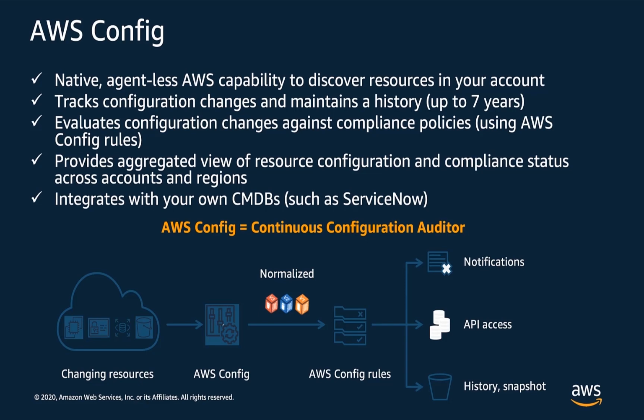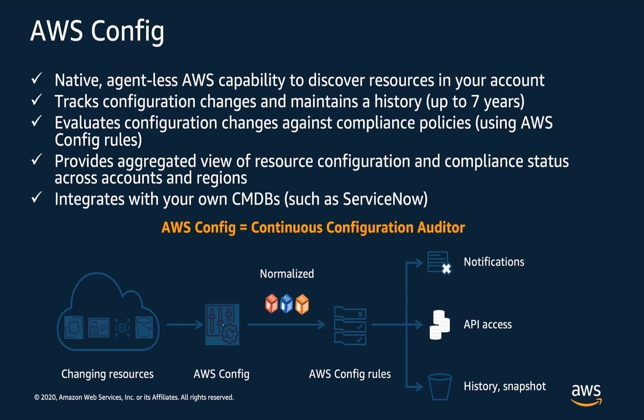So from an inventory management perspective, AWS Config discovers resources automatically in real time without using an agent. It tracks configuration changes to those resources and maintains a configuration history for up to 7 years by default. So you can use them for operational troubleshooting purposes.